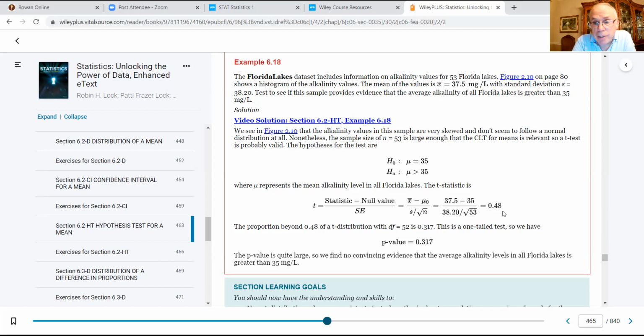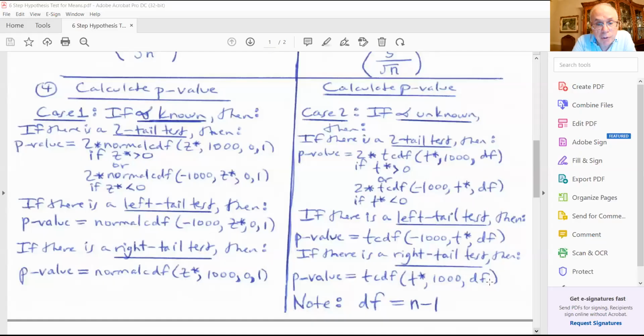And since this is a right tail test, what formula are we going to use? So we have to go back to our formula sheet, the PDF. Take a quick look at that. Since this is case number 2, we don't know the population standard deviation, and we're going to perform a right tail test. So we go all the way down here, and we're going to use this as our p-value.